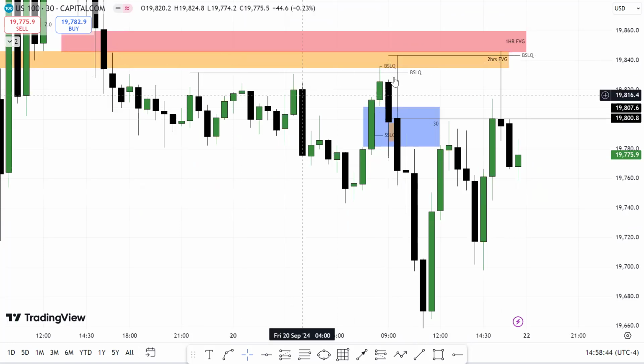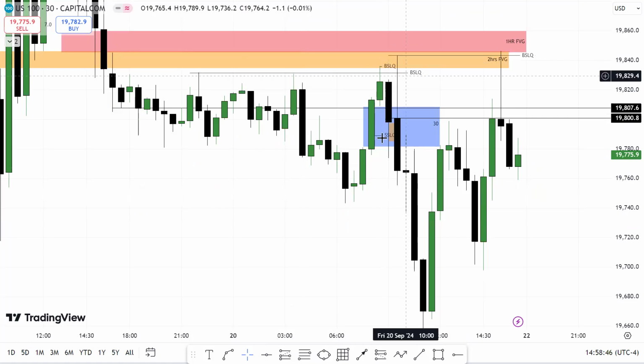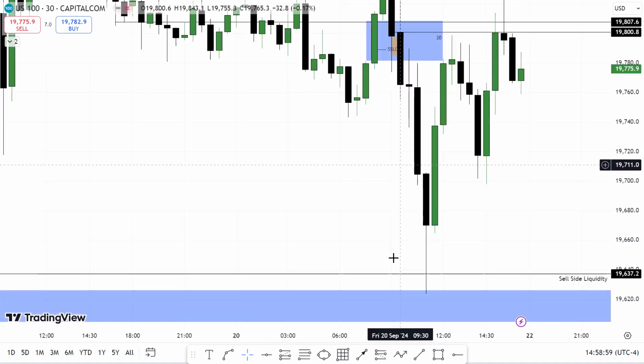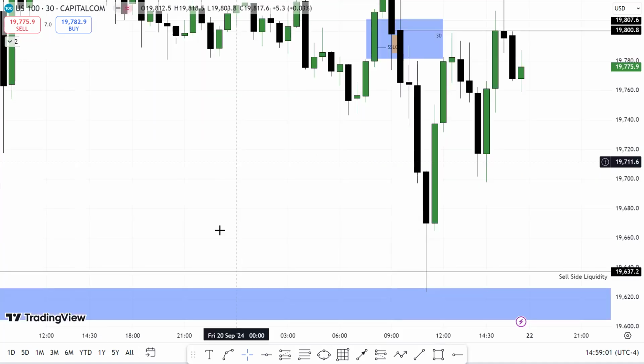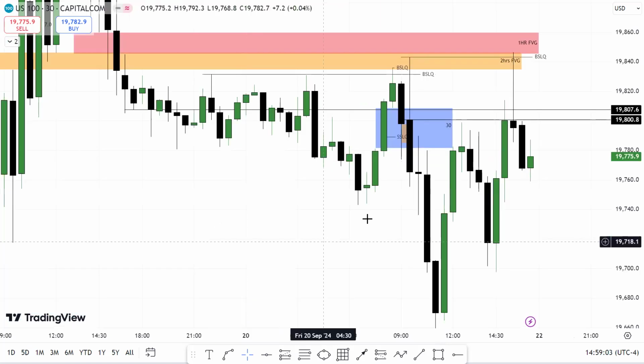Just like in this case here, you trust it that it's going to go lower once it has taken a buy side liquidity, broken through a bullish fair value gap, and the candlestick closes below. So you can trust that it is going to go to the closest sell side liquidity. That's how to know draw on liquidities, right?